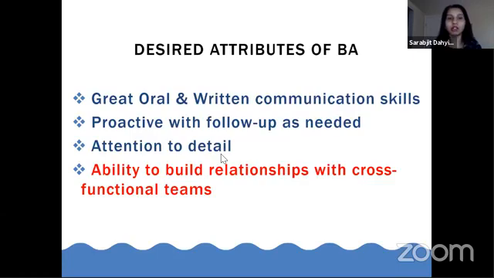So you need to have the ability to build those relationships strong so that they're willing to help you understand and give you the time of day so you can do your job appropriately. You really need to have good interpersonal skills as a business analyst.